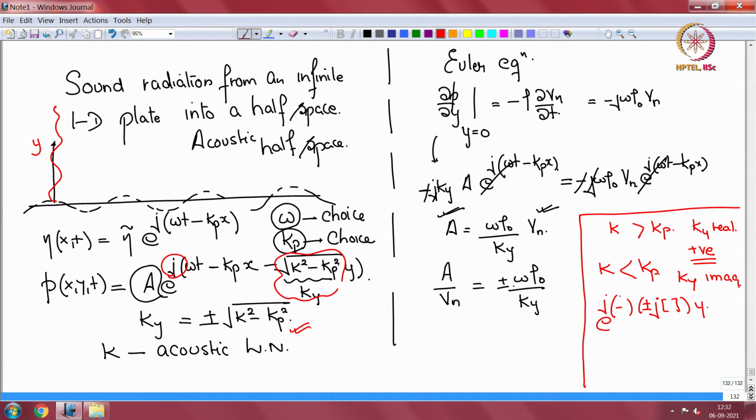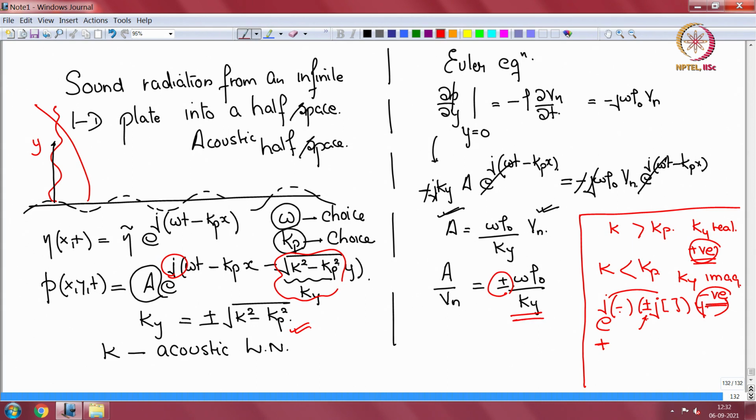So j square gives me minus, and this gives me another minus, so I get a plus. If I choose the positive sign, this means in the y direction I have an increasing sound pressure till infinity. That can't happen, so I need to choose negative. So in case of imaginary I have to choose negative, in case of real I have to choose positive. That is the plus minus sign for ky.